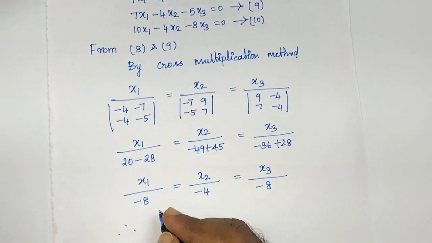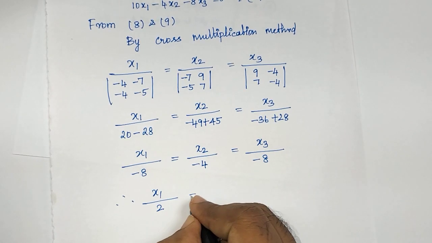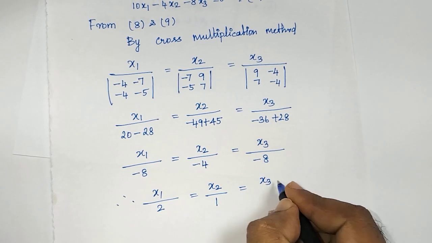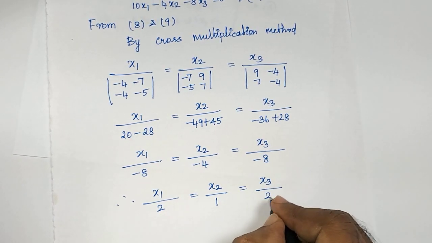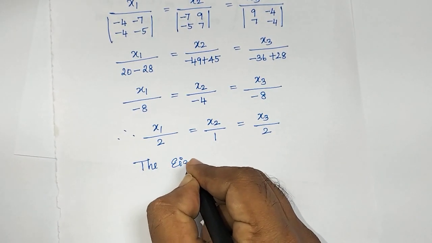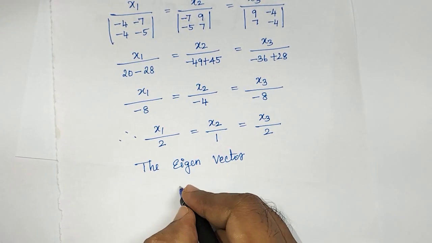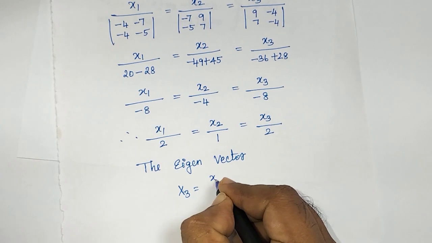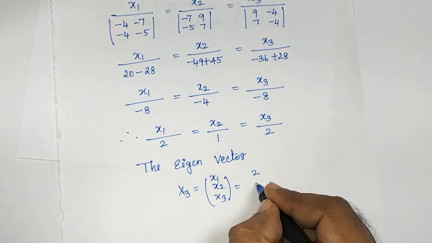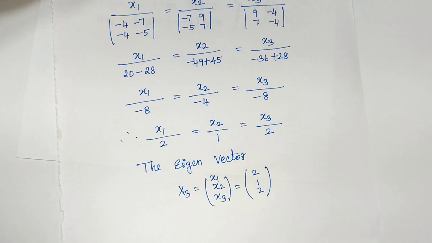We will get x1 divided by 2, x2 divided by 1, x3 divided by 2. The eigenvector x, small x1, x2, x3, we'll write 2, 1, 2. This is your third eigenvector.